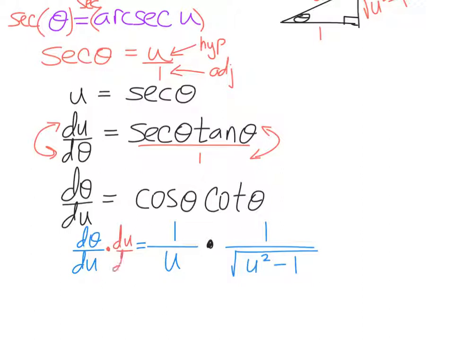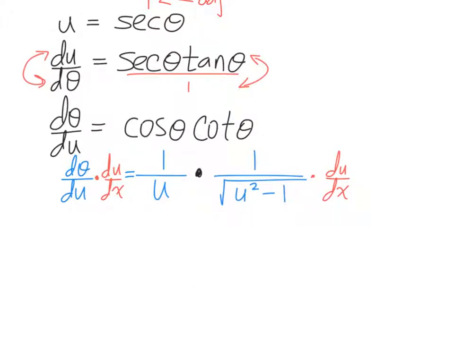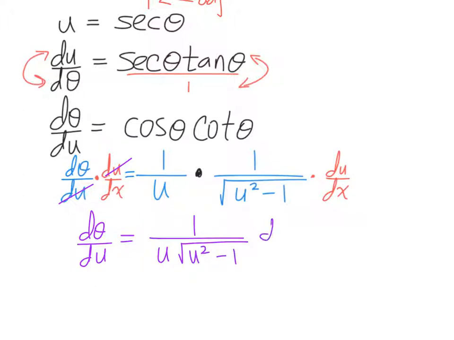Du dx. All right, and so the du's would cancel away, leaving us with d theta dx. And then this would all combine together to give us 1 over u times the square root of u squared minus 1 times du dx.